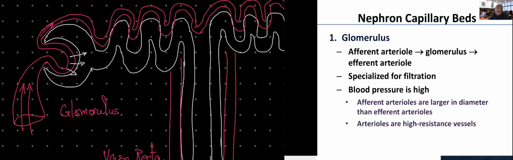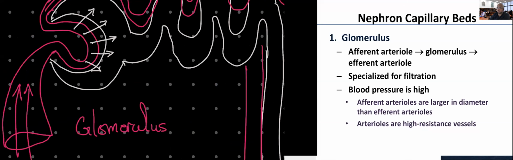So if I'm telling you that the fluid is going to be traveling from the glomerulus to the Bowman's capsule, what do you think? Should I have a high or a low pressure within my glomerulus? Should I have high blood pressure or low blood pressure within the glomerulus?